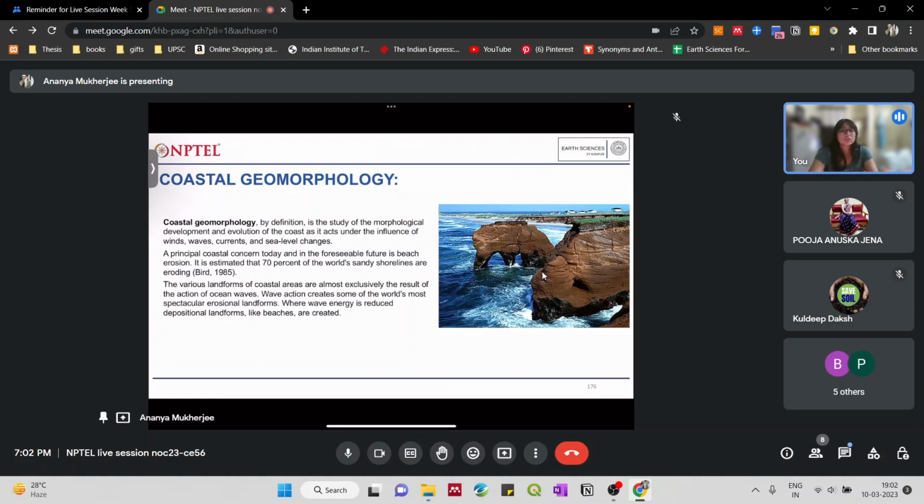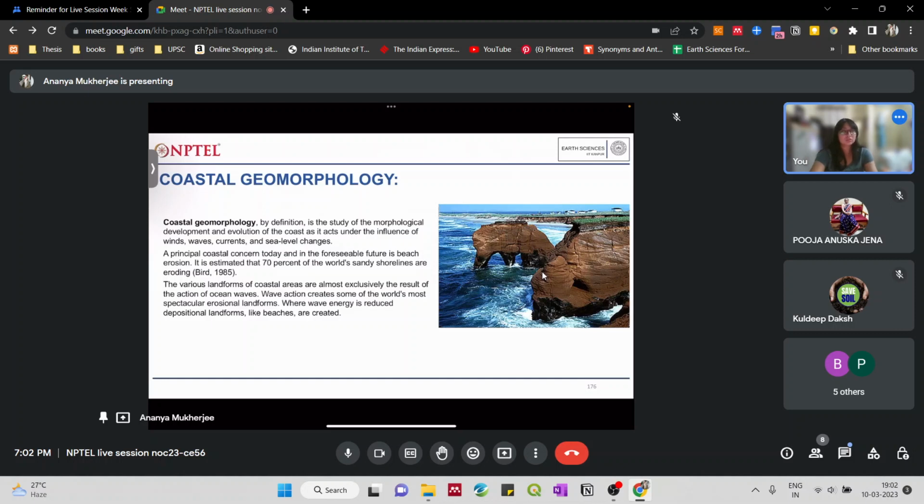So coastal geomorphology is the study of the development and evolution of the coast under the influence of winds, waves, currents, and sea level changes. Why do we learn about this? Because, as you know, coastal landforms are prone to erosion.